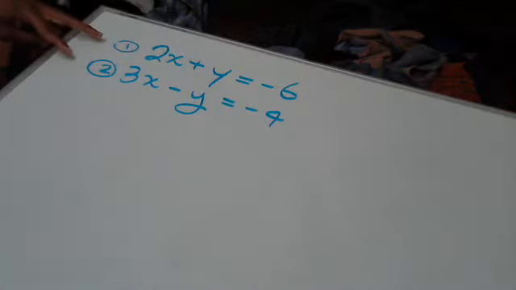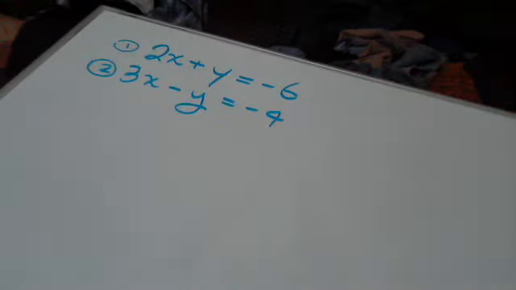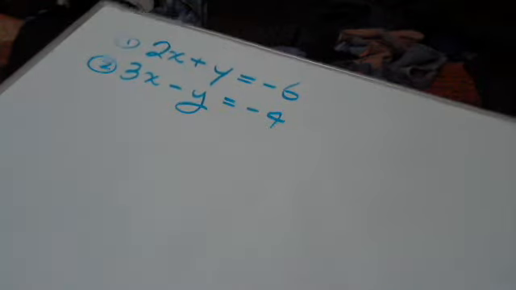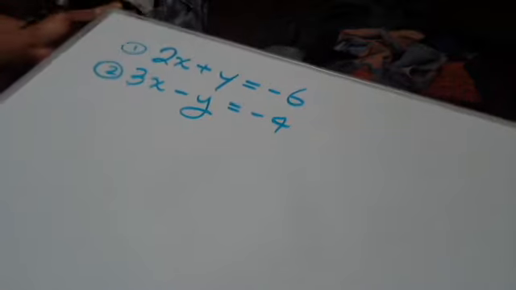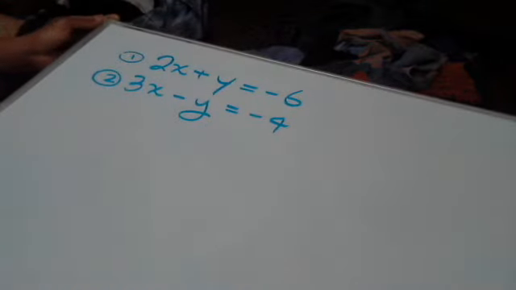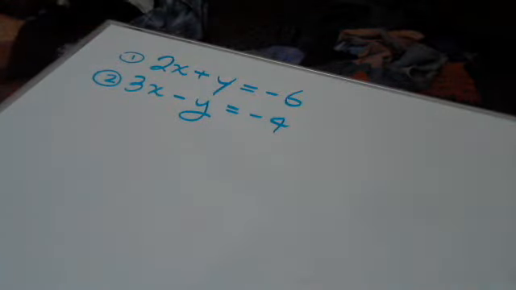What that is, we're looking for the point where these two lines intersect, where they meet. That ordered pair will be the solution to our system of equations. Now, I'm going to open up with not solving the system by graphing, but by using the substitution method.